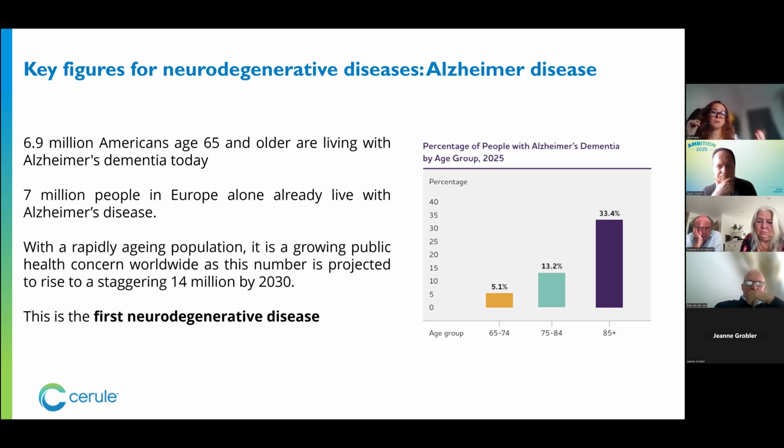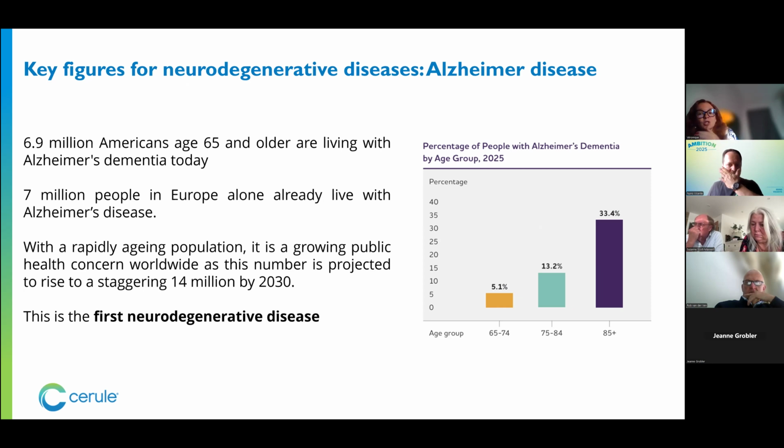What we know also is that the percentage of people with Alzheimer's dementia increases with age. For example, 5% of people from 65 to 74 years old have Alzheimer's dementia. The prevalence increases to 13% for 75 to 84 years old.